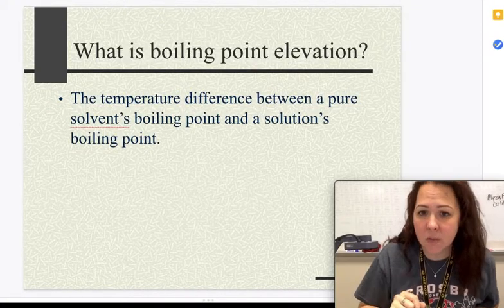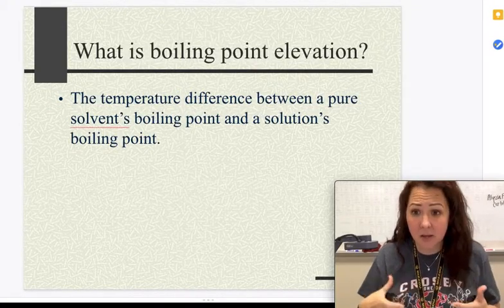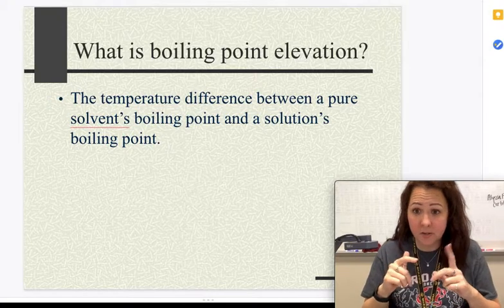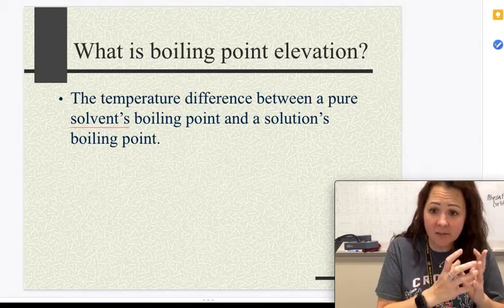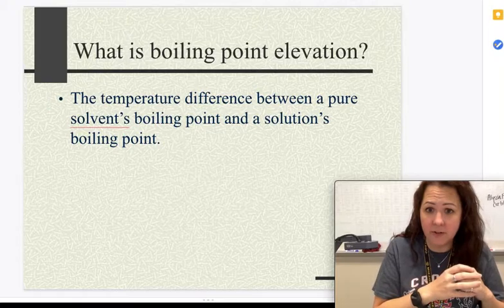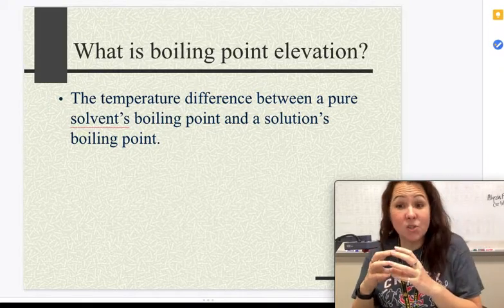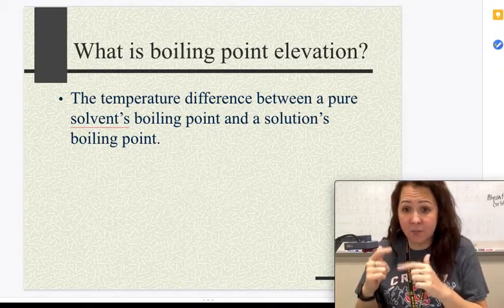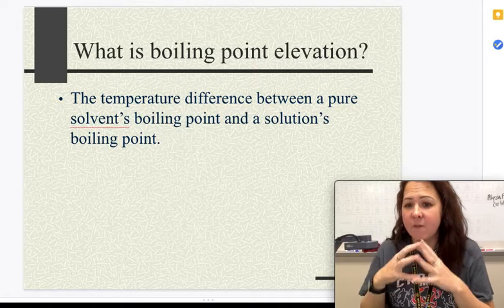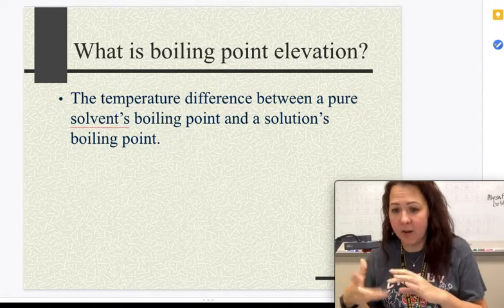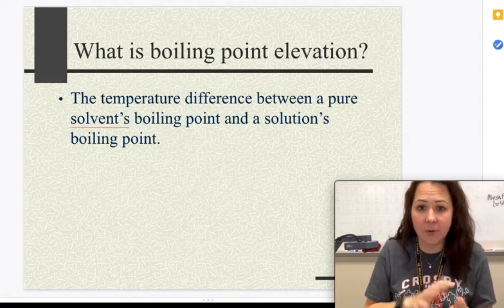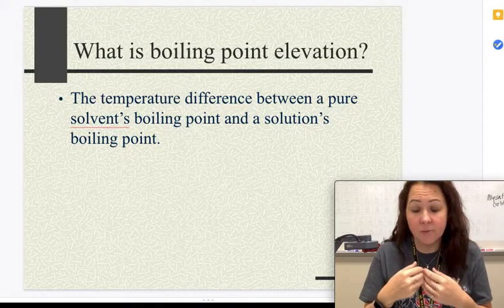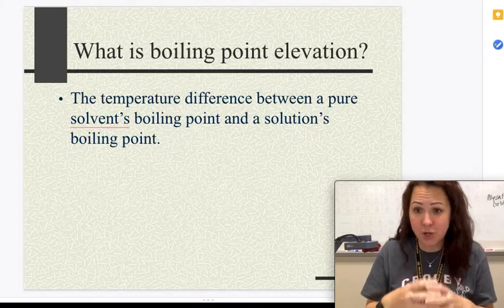So what we can do with these is we can actually mathematically calculate the difference between the solvent's boiling point and the boiling point of the solution. So we can figure out the new boiling point versus the original boiling point, and that's the difference between them. So you're going to find a change in temperature.